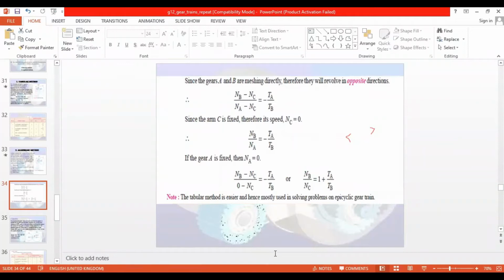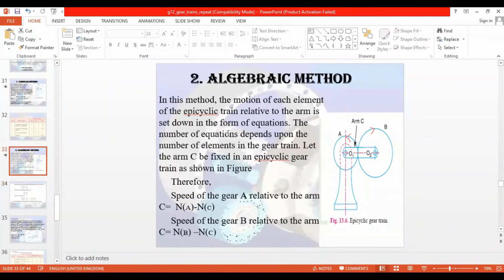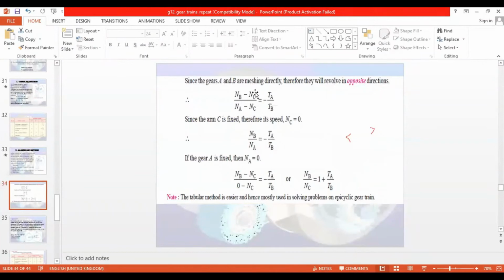It is given that the arm C is fixed, so I can put 0 for C, as there is no speed for C. So NB minus 0 upon NA minus 0 equals NB upon NA, which will be equal to TA upon TB. This is our usual, normal speed ratio equation, NB upon NA equal to TA upon TB.